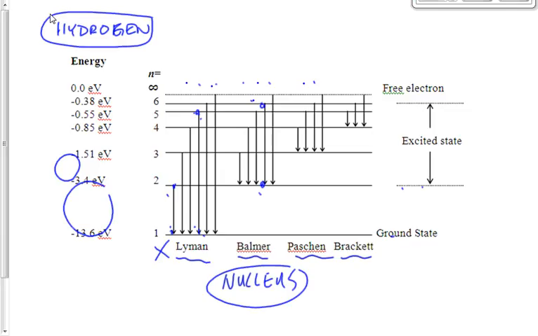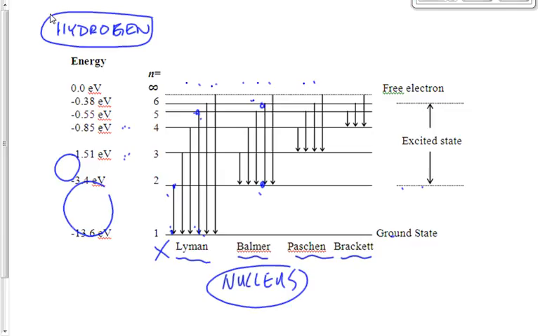You never want the energy of a particular level. Never. So for instance, if you're dealing with the third level and the fourth level, you never want level 3 or level 4. You want the difference in energy between level 3 and level 4.